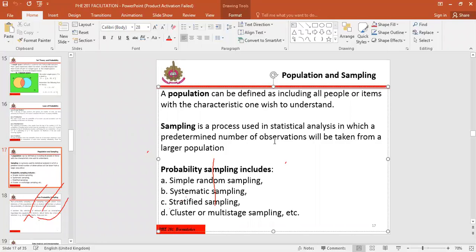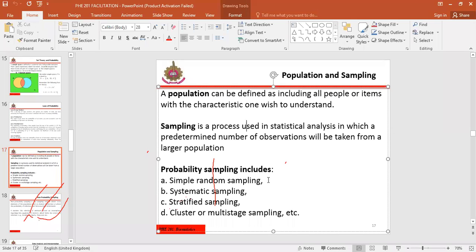Sometimes the population could be so large that if I considered each and every one of you one after the other, it may be time consuming, and I might not even be able to finish the research or the analysis on time. Then the issue of sampling comes in. Sampling has to do with using statistical analysis in which a predetermined number of observations will be taken from a large population.